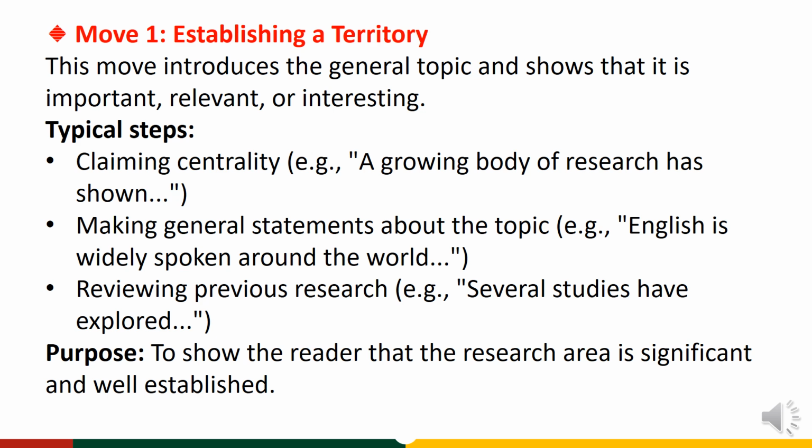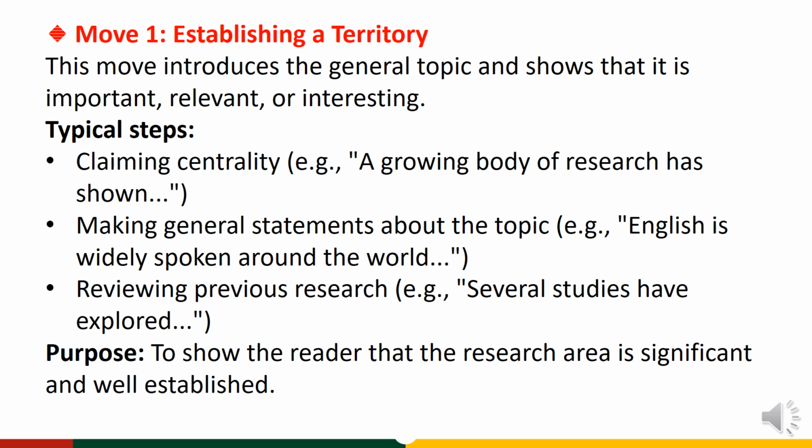This move introduces the general topic and shows that it is important, relevant, or interesting. And the typical steps that you can have is like claiming centrality. For example, a growing body of research has shown blah blah blah blah blah, something like that.